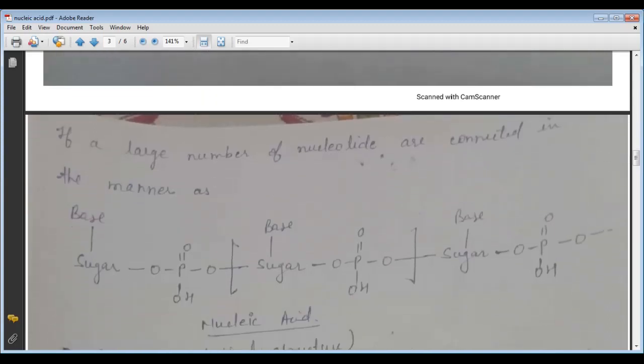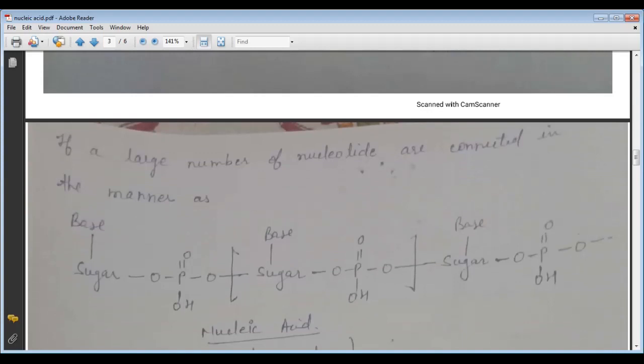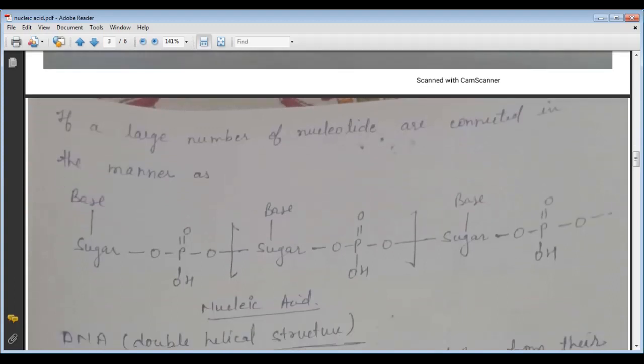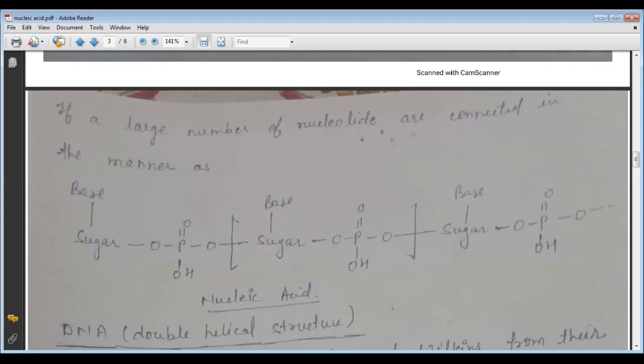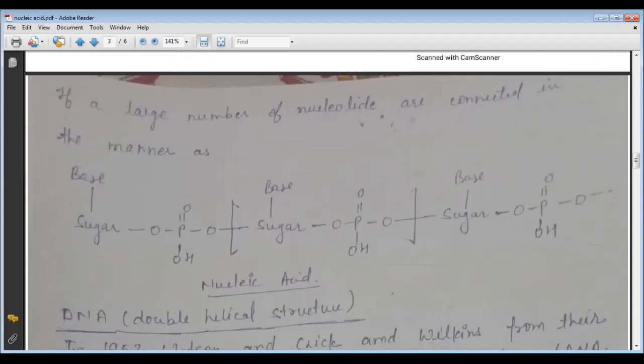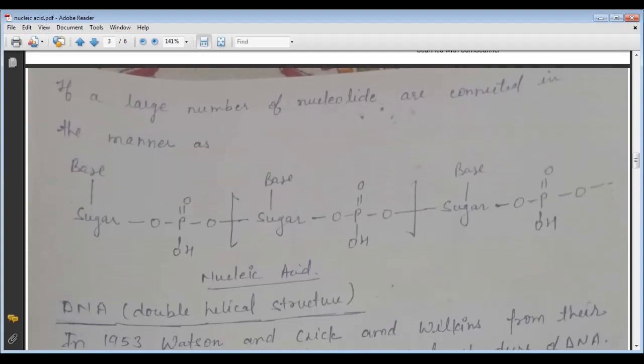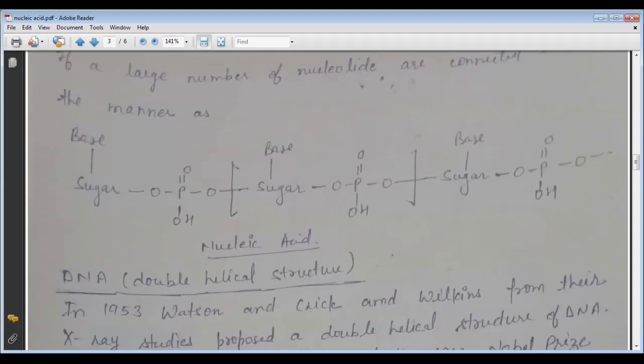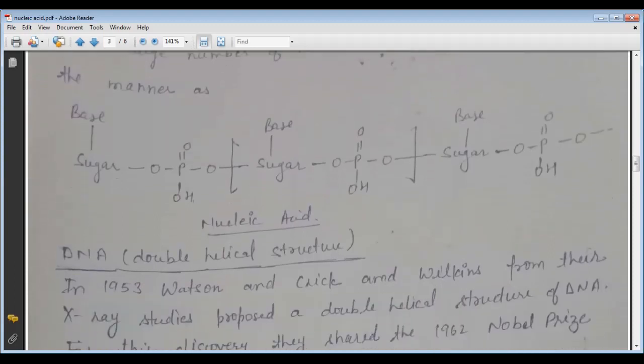Now, if a large number of nucleotides are connected in this manner, we get the structure of the nucleic acid.